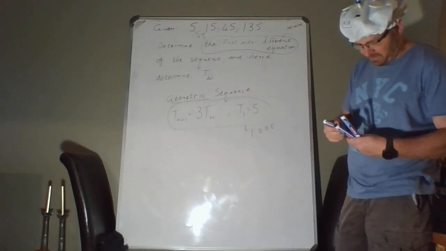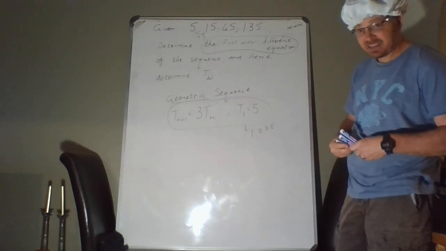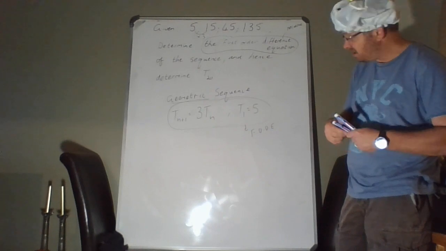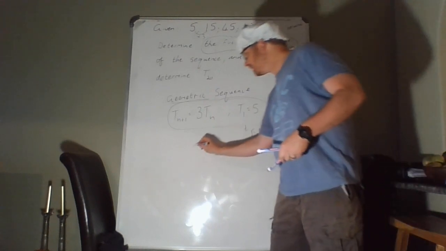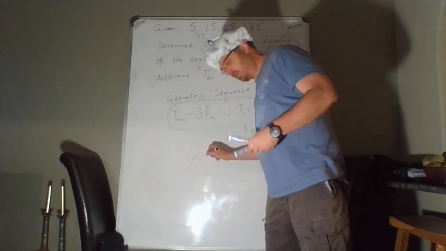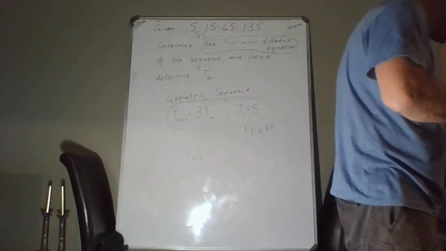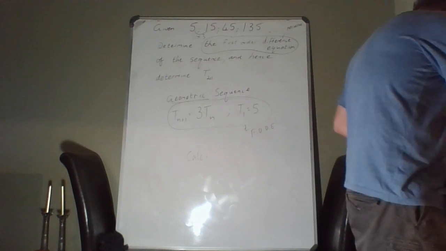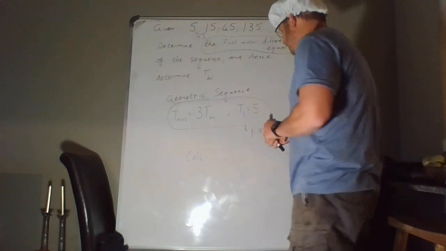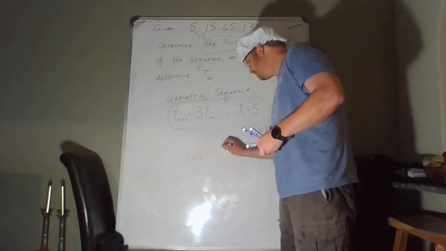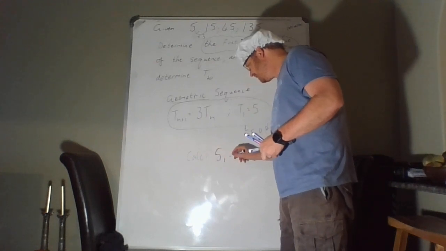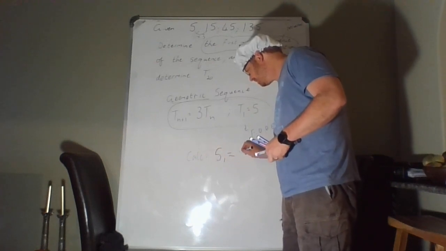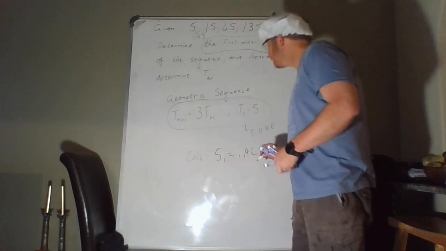Right, then it said we have to go find T20, so we're going to have to use our calculators to do that, pressing the equal button over and over again. On your calculator, you're going to go into the first term, which is 5. Then you're going to press equals, and you're going to clear your screen.